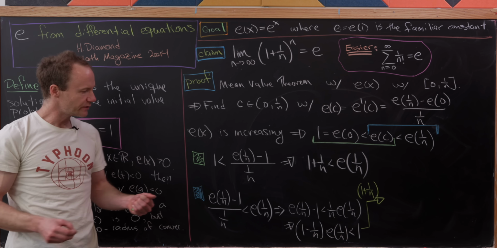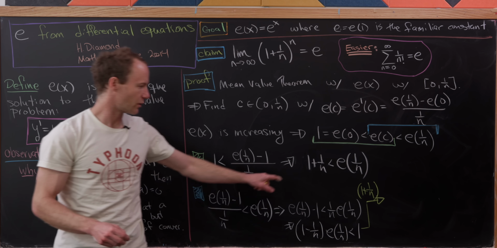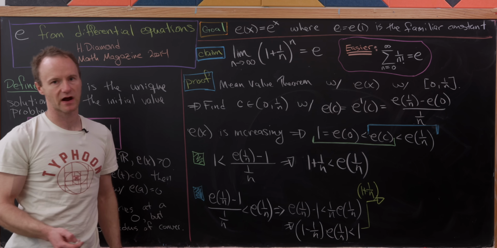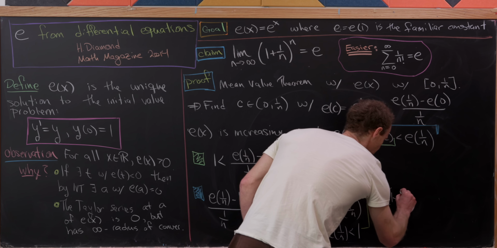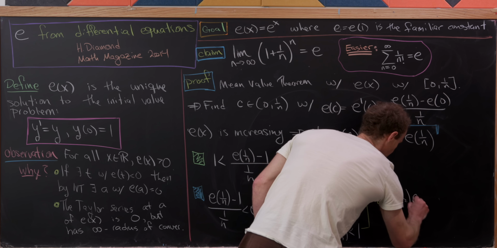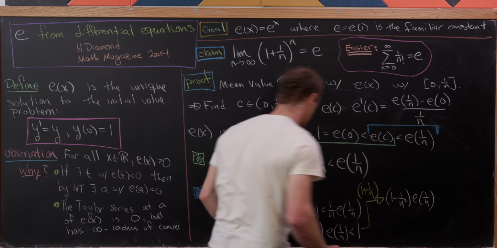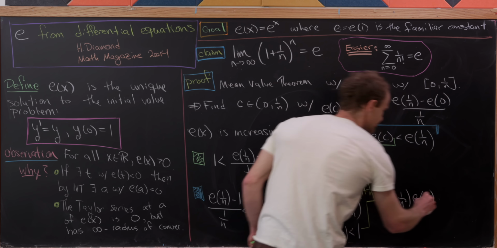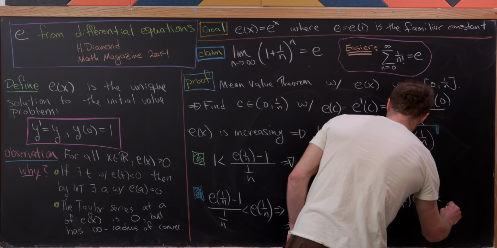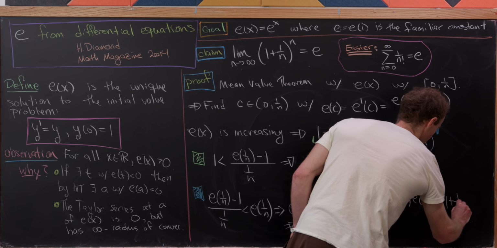We're doing that to make the right-hand side of the inequality look like the left-hand side of our existing inequality. So that's going to give us 1 minus 1 over n squared times e to the 1 over n, which of course I'm doing by multiplying that out, is less than 1 plus 1 over n.